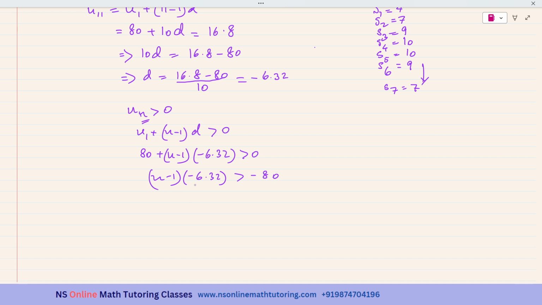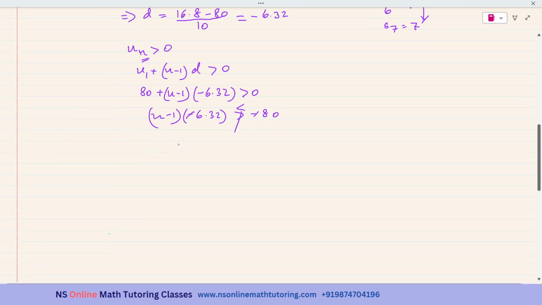And I can multiply both sides by negative 1 so that this negative and this negative will be cancelling. But as soon as I multiply both sides by negative 1, the inequality sign will also be changed: greater than will be changed to less than. So it becomes 6.32 times n minus 1 is less than 80.